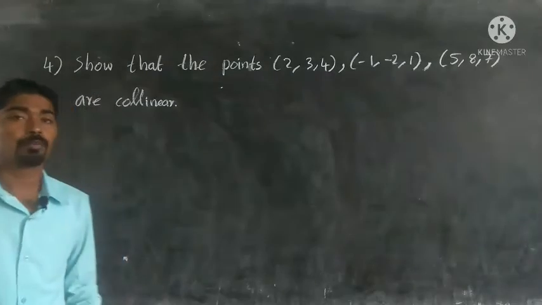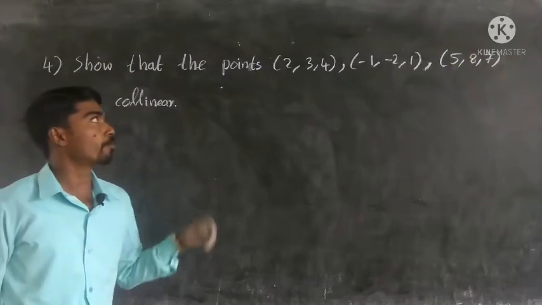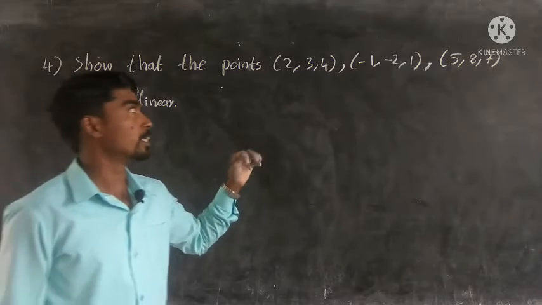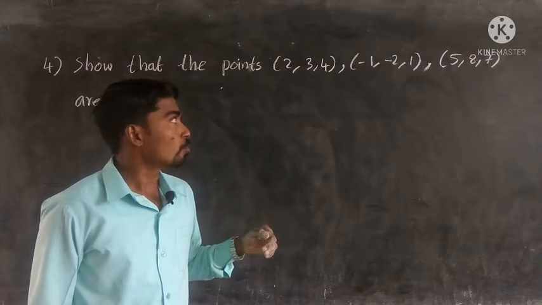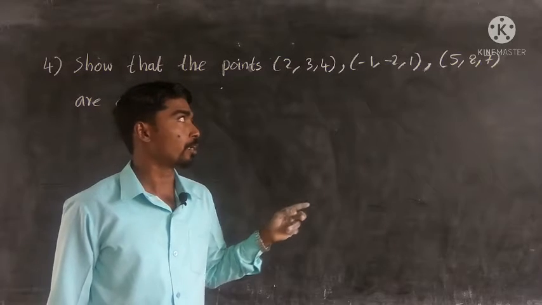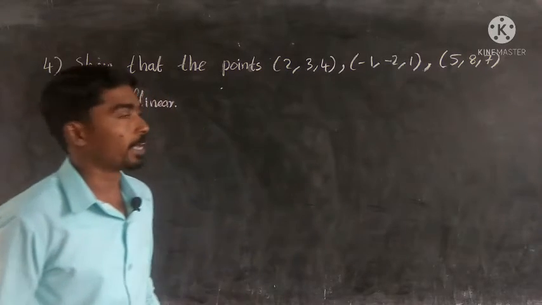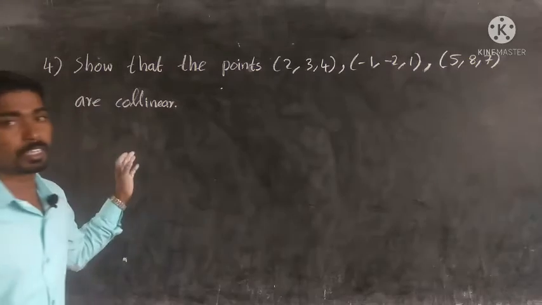Next question, question number 4. Show that the points 2, 3, 4 and minus 1, minus 2, 1 and 5, 8, 7 are collinear.